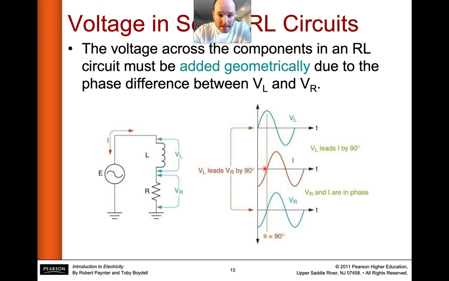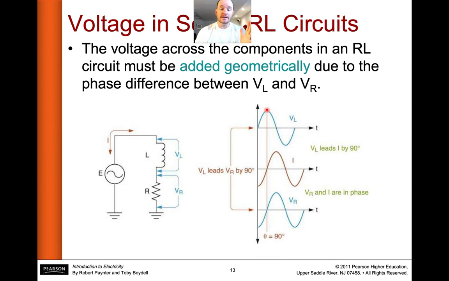So right here, your current is at 0, and the voltage for your inductor is at 90 degrees already. So what that means is, as we've talked about, your current total and your voltage total will be somewhere between 0 and 90 degrees.